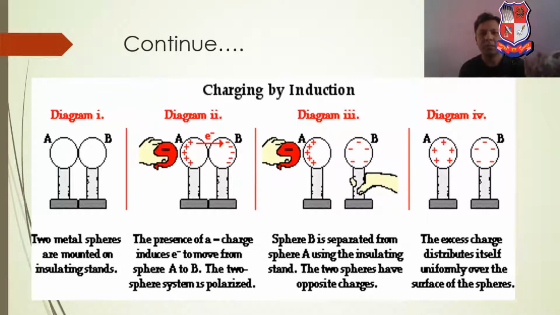If one piece of negatively charged material, or a piece of cotton, is rubbed on sphere A, then it will create positive charge, and that force of potential will go to the negatively charged B. Now if you separate them, A becomes positively charged and B becomes negatively charged.